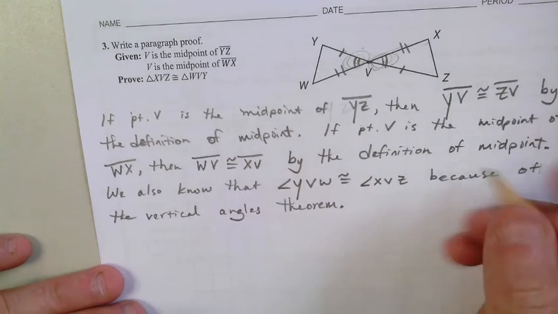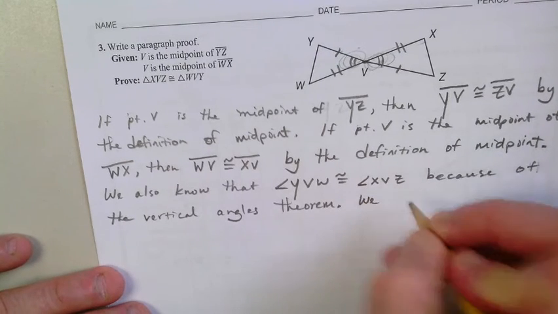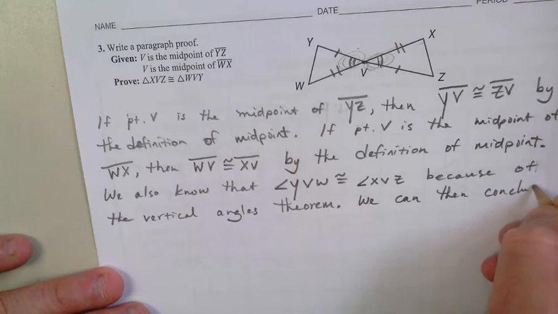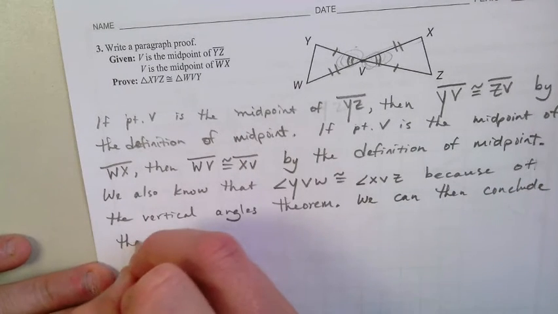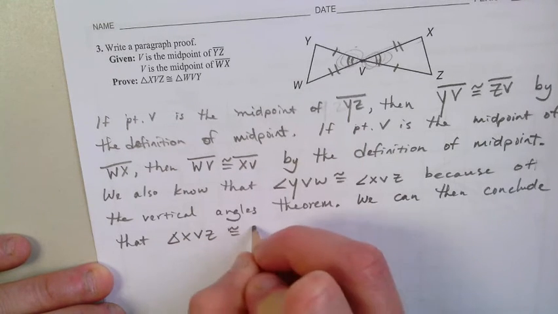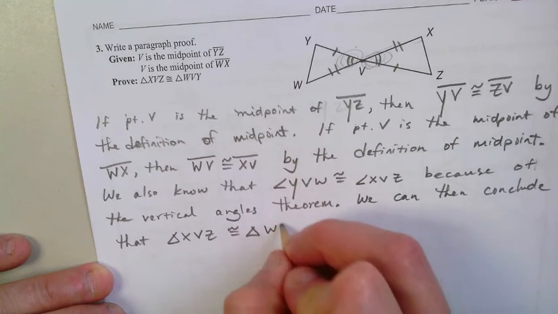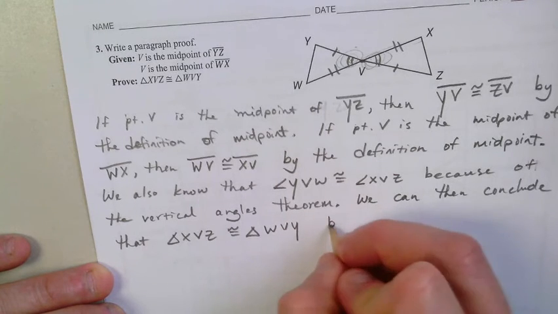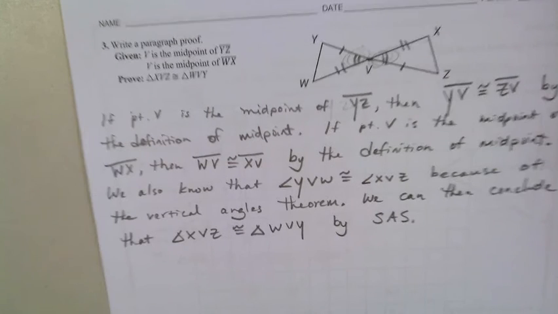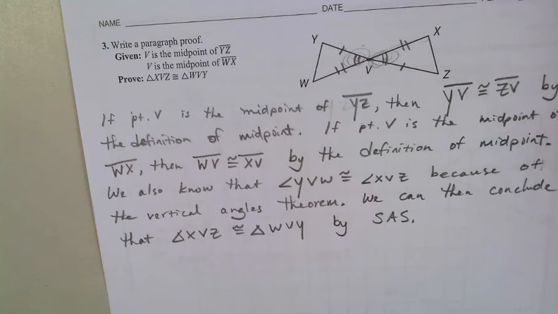We can then conclude that triangle XVZ is congruent to triangle WVY by side angle side. So again, a lot of writing there, but I hope that makes sense. If you had something different, by all means, let me see it tomorrow maybe, and we'll take a look and make sure that everything is correct.